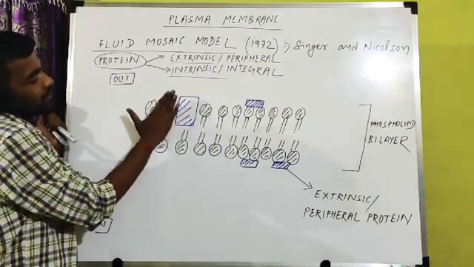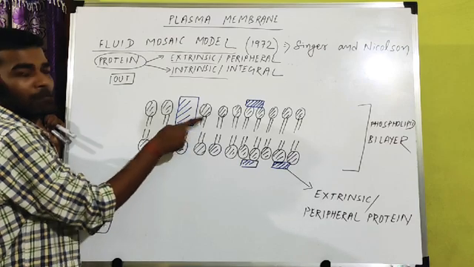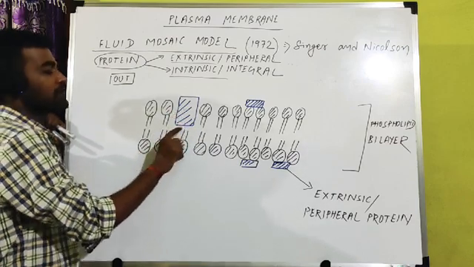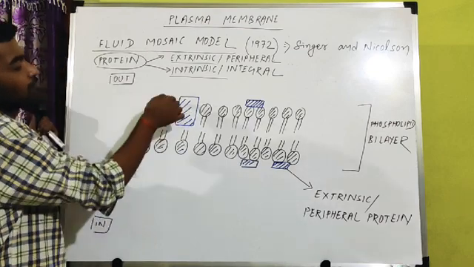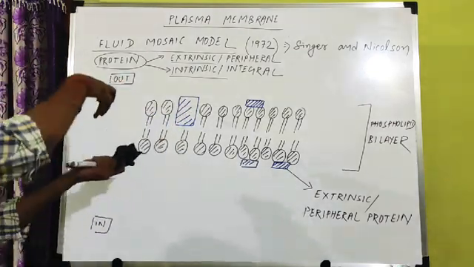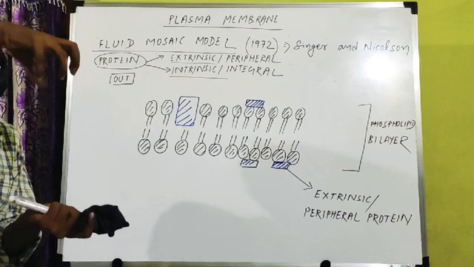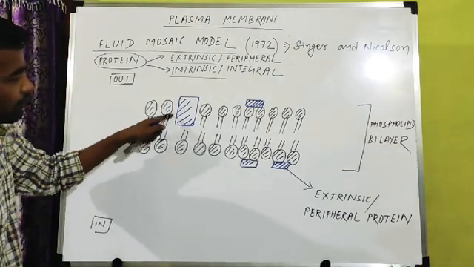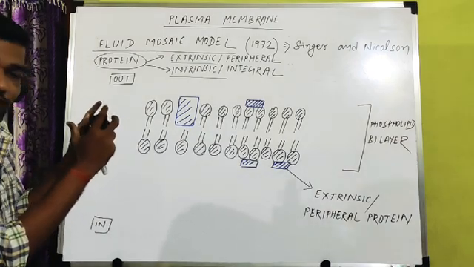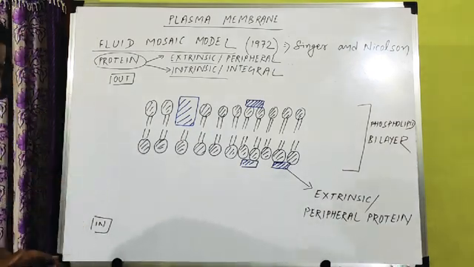On one side, lipid is absent. Lipid is present in a bilayer, but here lipid is present in a monolayer. Only one lipid layer is present on the lower side, but the upper side is filled with protein. It means the protein is embedded or buried inside. This type of embedment is called partial embedment.